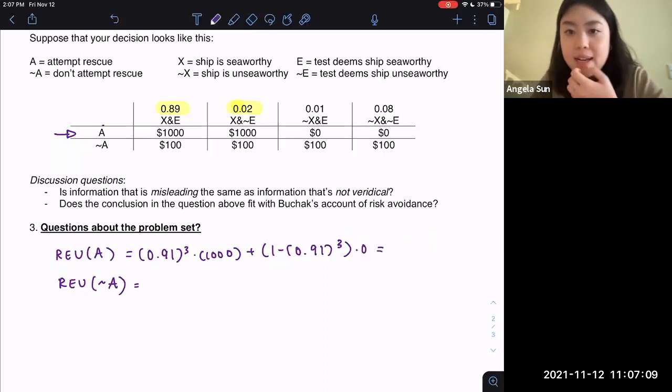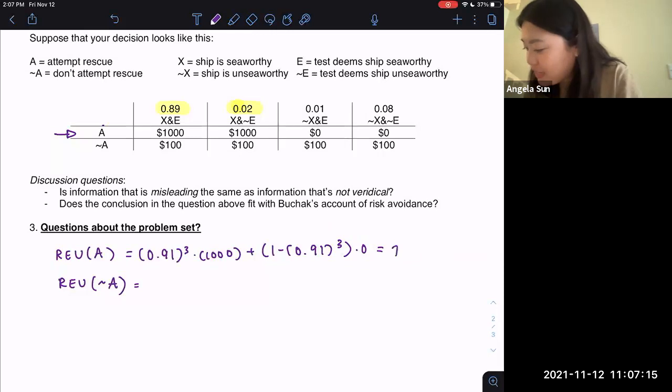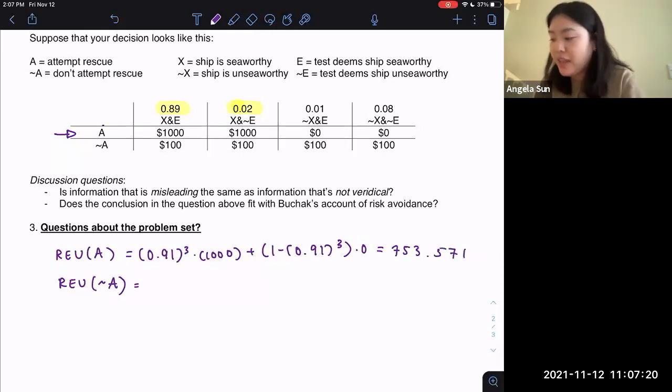And that gives us, according to calculations I did earlier, 753.571. So that's the risk-weighted expected utility of A.